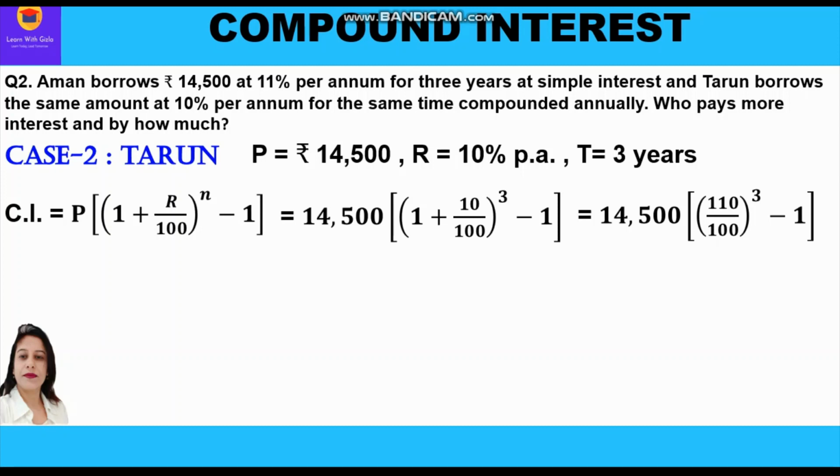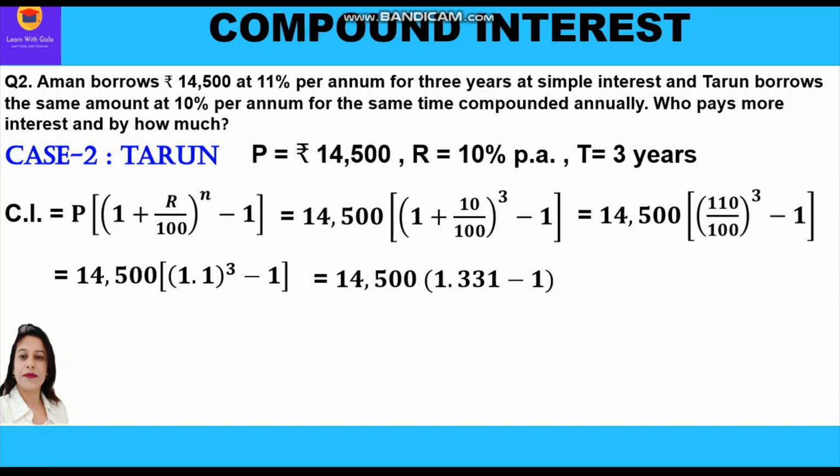Further we take LCM: 14,500[(110/100)^3 minus 1], then 14,500[(1.1)^3 minus 1], then 14,500[1.331 minus 1], which is equal to 14,500 into 0.331, which is equal to rupees 4,799.50. This is the compound interest which Tarun has to pay after 3 years.